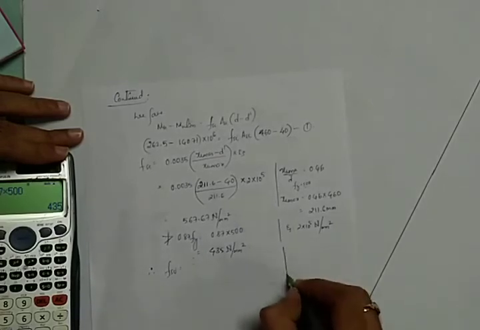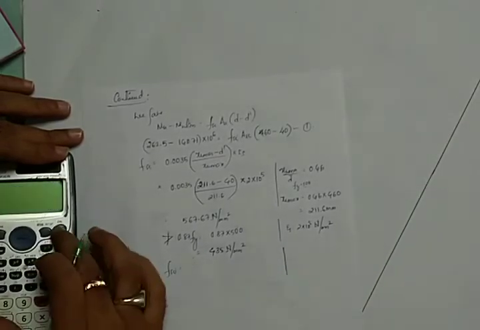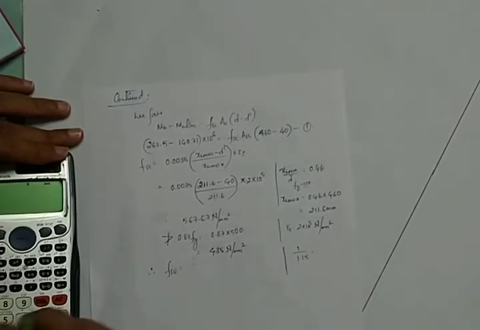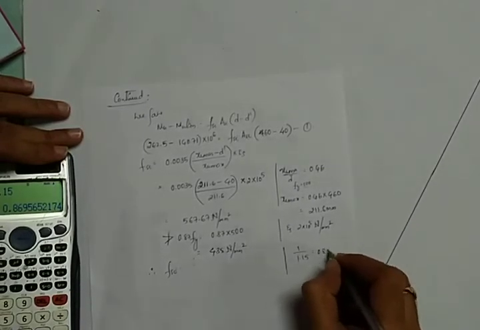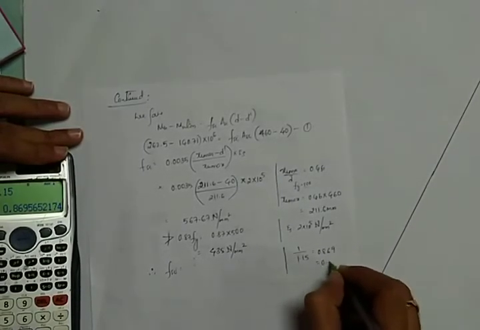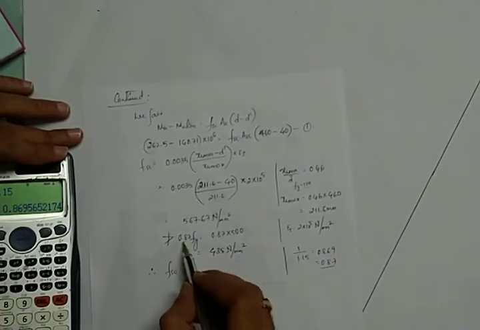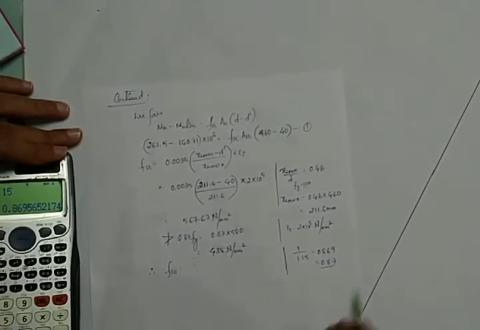This 0.87 is 1 divided by 1.15, which is a factor of safety. If you calculate it, you will get a value 0.869, which is rounded up to 0.87. So this factor of safety is introduced in steel.